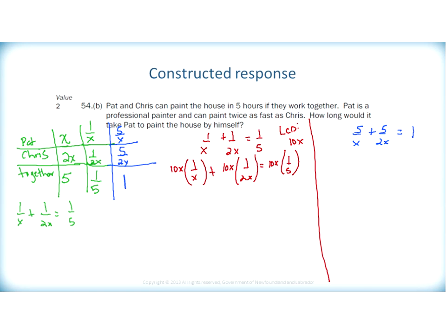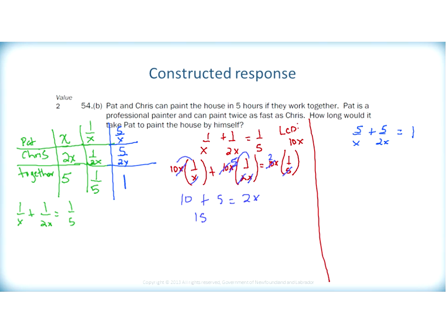And here you can see that if we continue, at 10X there's a common factor of X, so we can cancel the common factor of X. And we get 10 times 1, which is 10, plus there's a common factor of X and also of 2, which will leave 5, so we just have 5 times 1, which will equal, there's a common factor of 5, which will leave 2X.